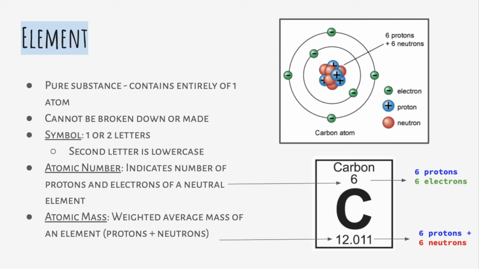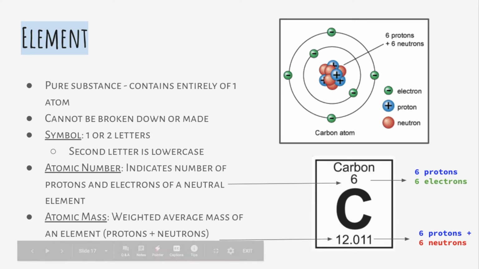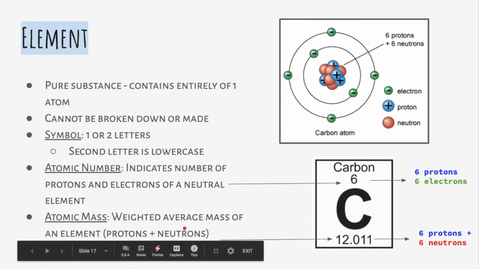of carbon. And so we're actually going to talk about a term called mass number, and a lot of people get confused with mass number and atomic mass. For atomic mass, it's really important that you say it's a weighted average mass of an element. So this atomic mass also gives us a little bit more information.